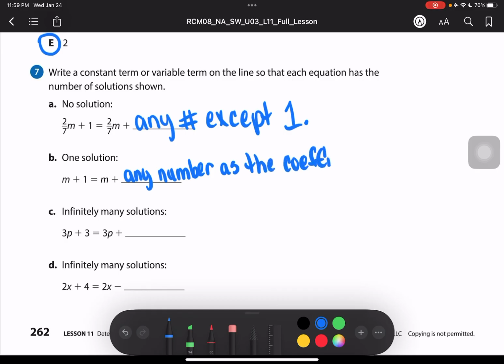Coefficient is a number in front of the variable, except 0. Coefficient didn't look right to me, so I'm going to rewrite it. Coefficients. I still wrote it the same way. That's 2 F's here. I don't know why I keep doing it.